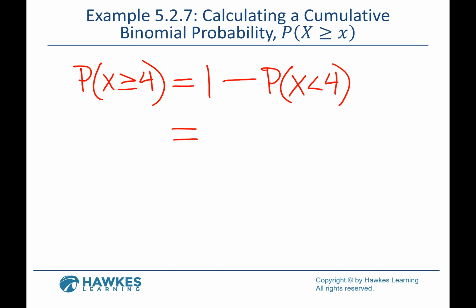That would be 3, 2, 1, or 0. So another way of saying less than 4 in this case is saying less than or equal to 3. Those two mean the same thing because we can't get half of a coupon. So less than 4 is the same thing as less than or equal to 3. Now this we can look up in our table and then we can subtract.